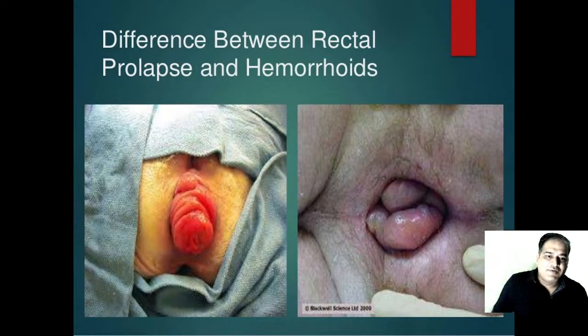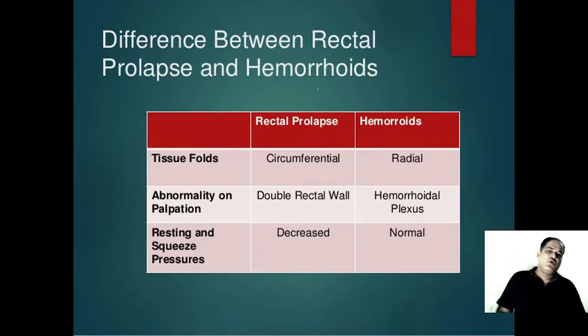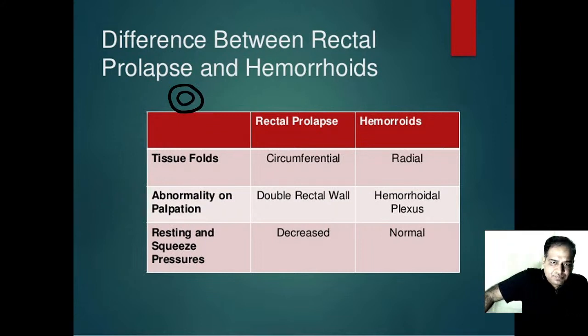Our understanding is that they will give you typical images. If you see three things, fine, you will know that these are hemorrhoids. If it is circumferential all around, naturally your inclination should be towards the diagnosis of prolapse.